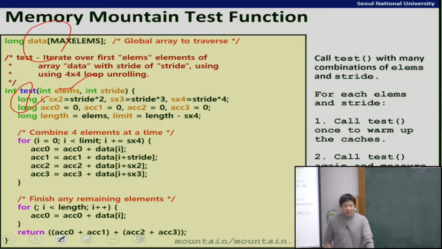The first one is elements, the number of elements this array has. So this first variable controls the size of the array, the memory footprint. It is called the memory footprint because it is how much memory space your program accesses.